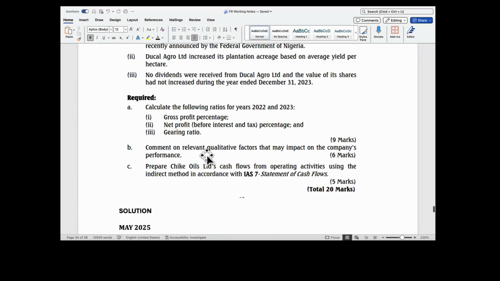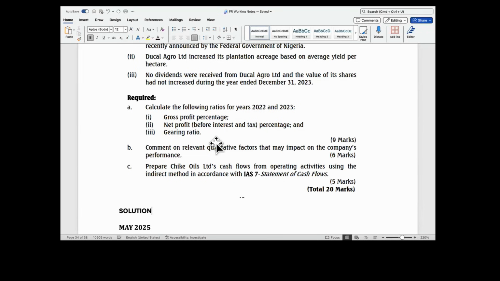And we are asked to comment on relevant qualitative factors that may impact on the company's performance. I like this. This is the importance of solving past questions. It gives you further perspectives into other areas the examiner could look at. And if you remember, we did not mention qualitative factors during our analysis.